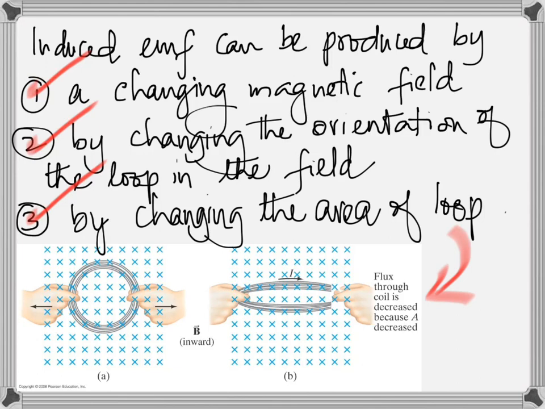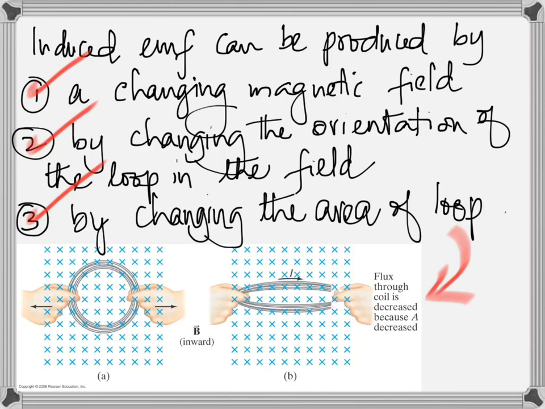You didn't even rotate it, you just stretch it, and doesn't the area change? Of course it changes. If you keep doing that, you will get an induced EMF, because you're changing the area. So you can either rotate it, keeping its area constant, or keep it in the same direction, not rotating, but changing the area. So you can produce it in three ways.